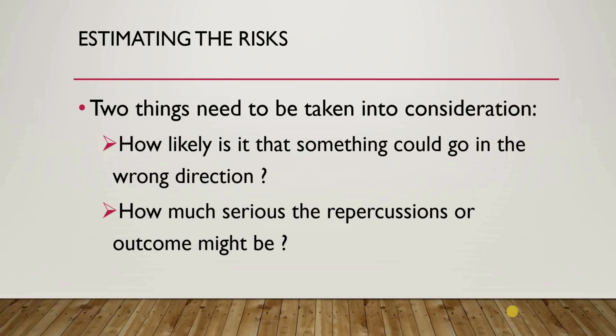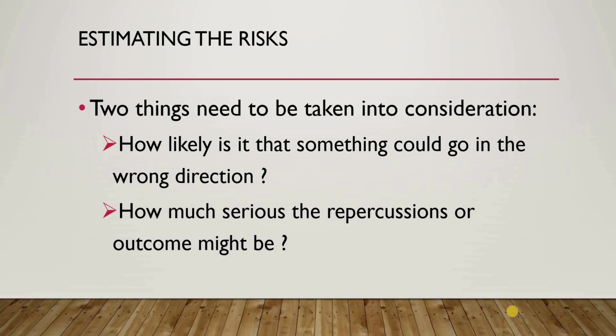Now in the 3rd step we have to estimate the risk. We have to do some kind of estimation of how much risk there is in the workforce environment related to a specific activity. So we have to think about 2 things while estimating the risk. First one is the likelihood that something could go in the wrong direction.